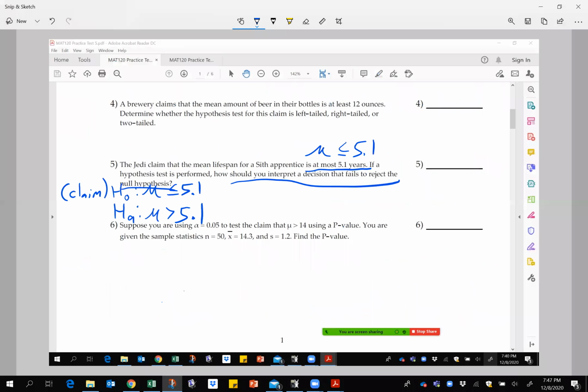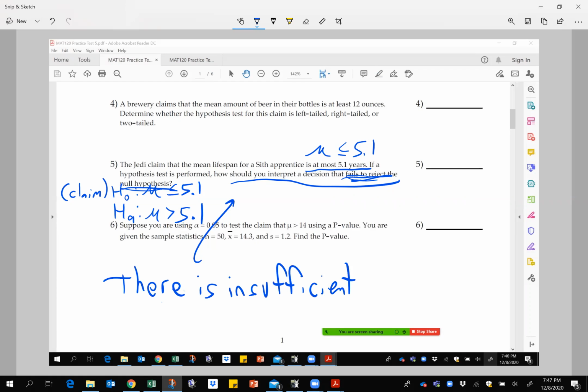So let's go back now to the one that we have. They said, how would you interpret a decision that fails to reject the null? Well, anytime we fail to reject the null, automatically the sentence is going to start off as, there is insufficient evidence to.